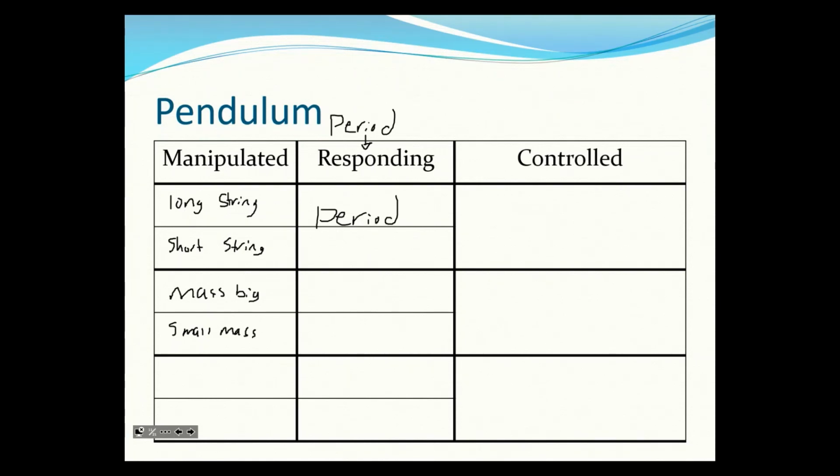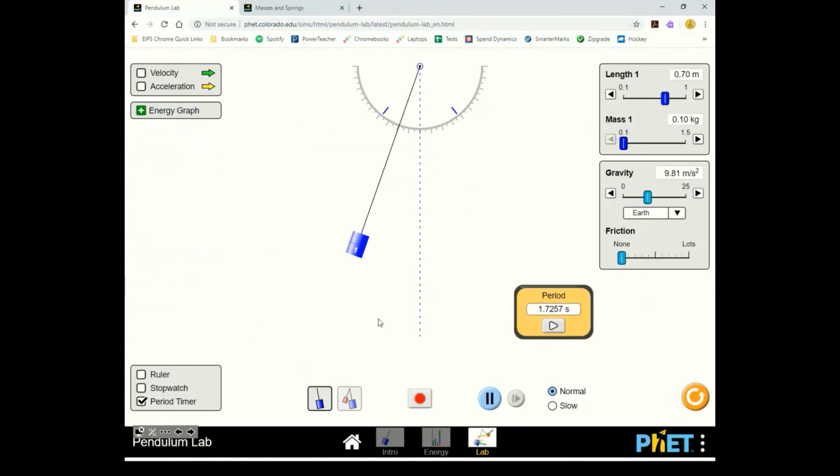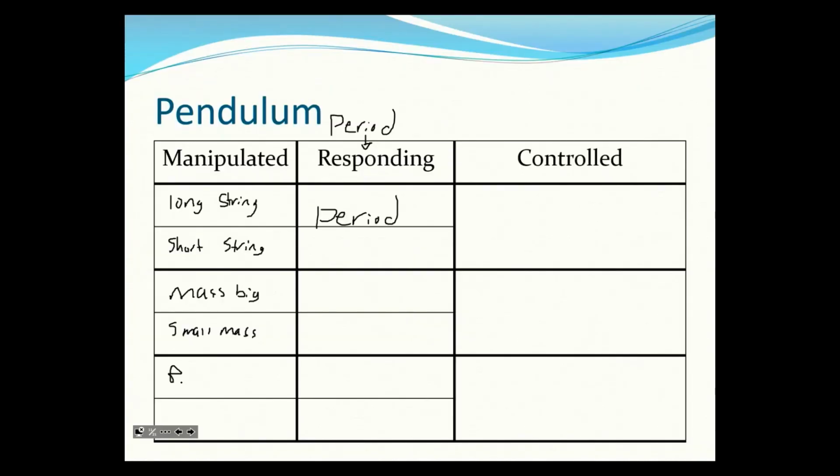And another thing that we can change is our amplitude. So I can stop this. I can have a big amplitude, or I can have a small amplitude. So big amplitude, small amplitude.